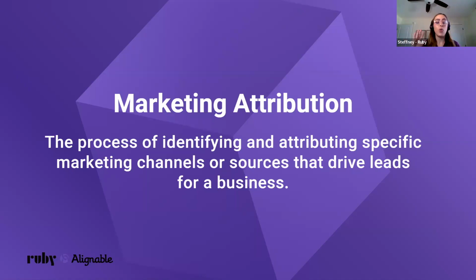So, the basic 101 of marketing attribution is that it is the process of identifying which marketing channels or sources are driving leads for a business. And there are many formats for tracking success, but the most important aspect is making sure that each marketing campaign has a unique identifier that you can tie back to that campaign.